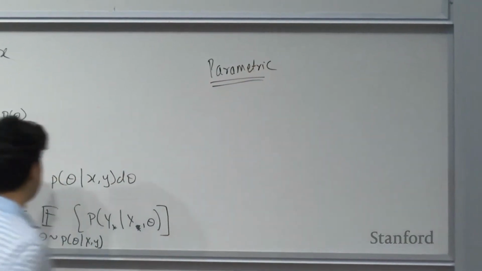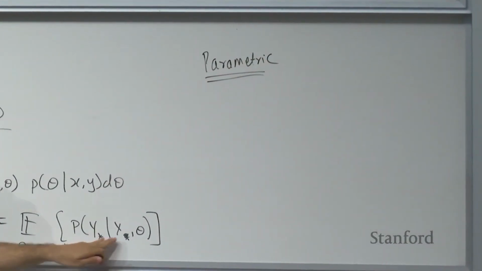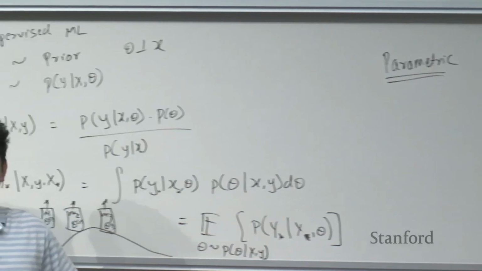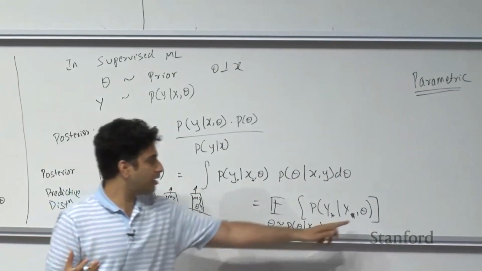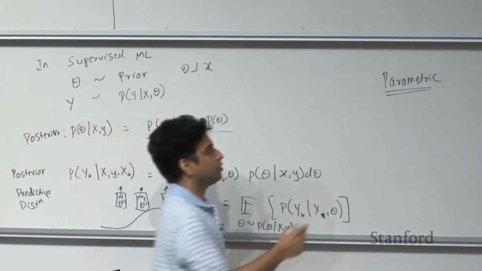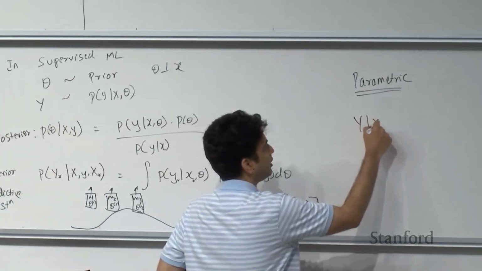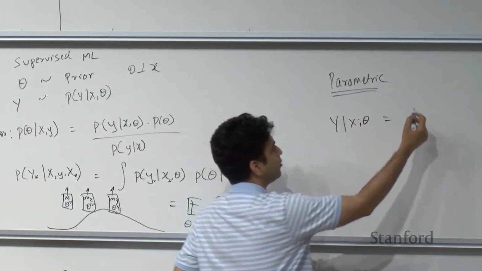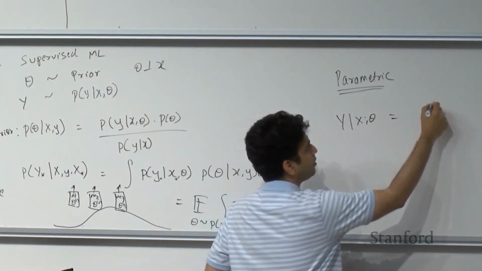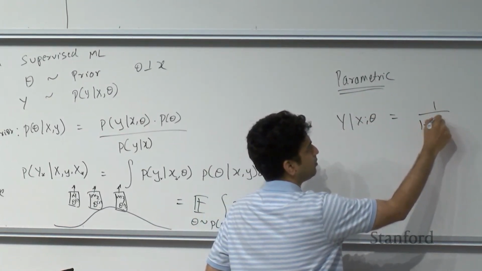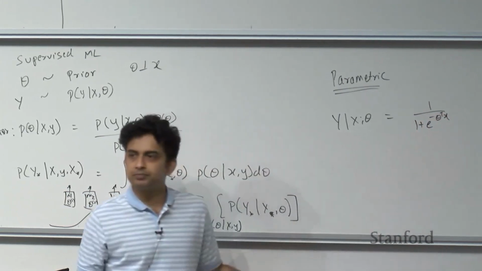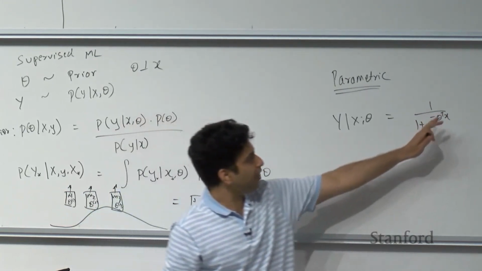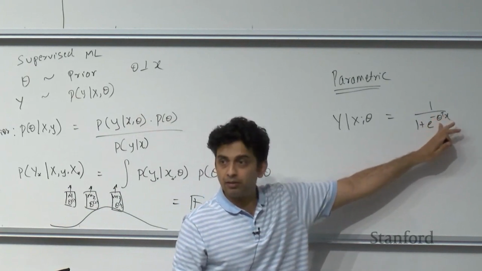We call it parametric because P of y given x comma theta has some functional form for which theta is a parameter. For example, it could be 1 over 1 plus e to the minus theta transpose x. And because of this functional form, the degree of freedom that we have is to just change theta.